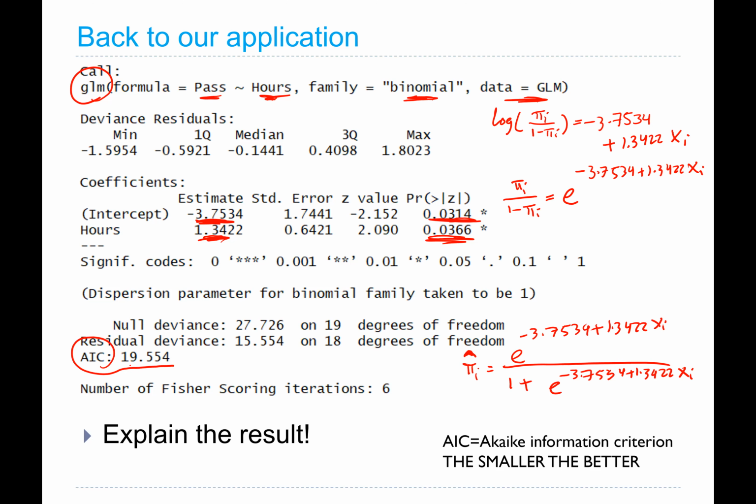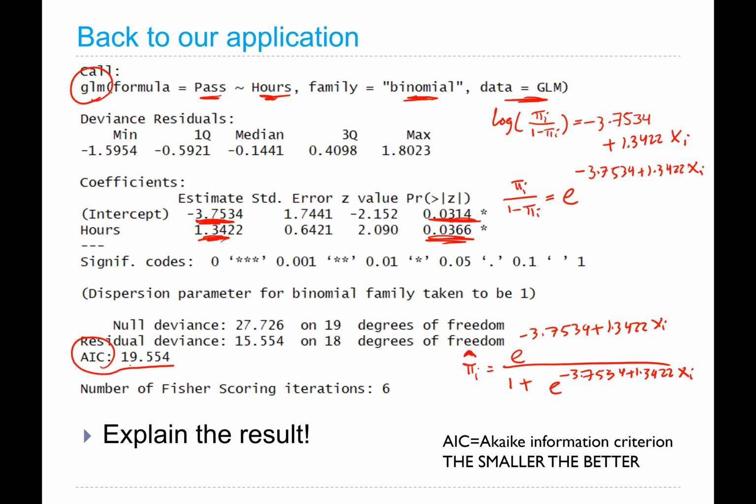What is the AIC, this value? This AIC value is similar to R squared. Do you remember R squared? R squared is used to see how much the explanatory variables can explain the variability in the response, and we use it to select which model fits the data well. If I have two models, the one with the higher R squared is better.